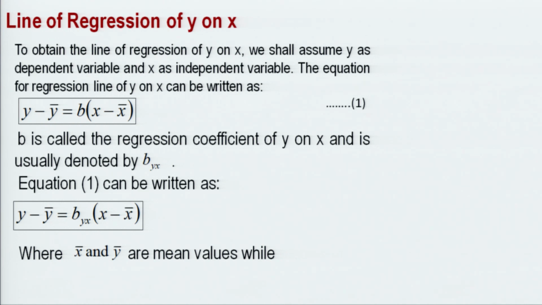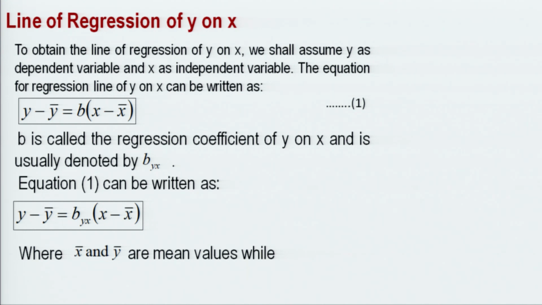And now find the line of regression y on x. We know that here x is independent, y is dependent. To obtain the line of regression of y on x, we shall assume y as a dependent variable and x as independent variable.